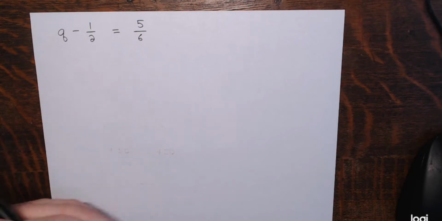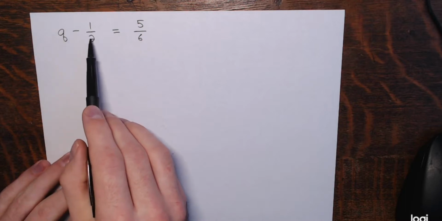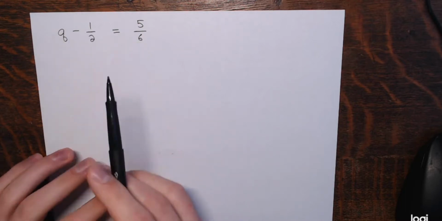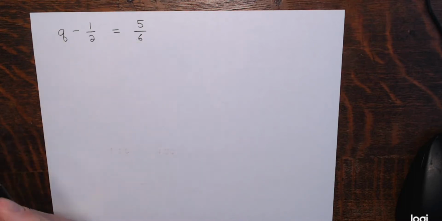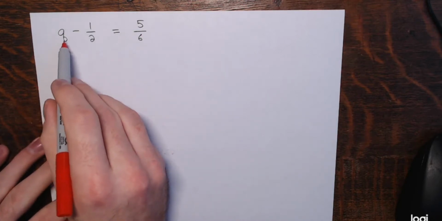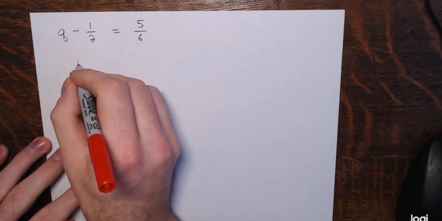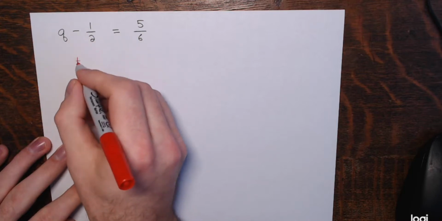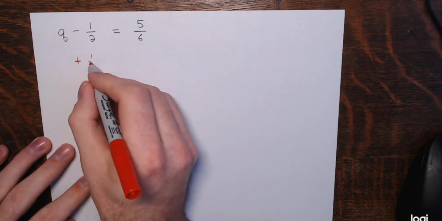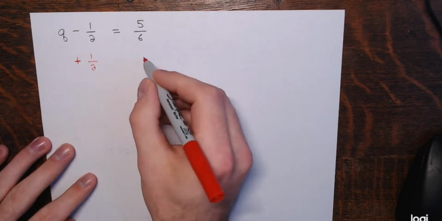You have Q minus some number equals some number, right? Just because it's a fraction doesn't mean it's not a number. It's still a number. So if I want to get Q alone, all I need to do is add, because it's being subtracted right now. To undo that, I would add 1/2 and do it to both sides.